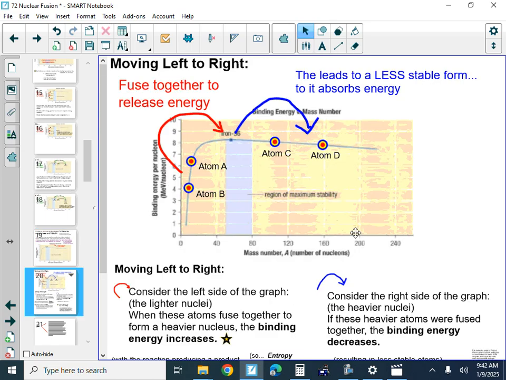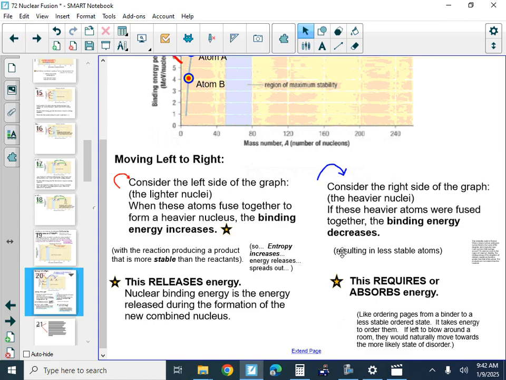You can think of this as they fuse together to release energy, or if you're split apart, you're getting a less stable form, and so it's absorbing energy. That's the idea in terms of entropy. If you are increasing entropy, then you're releasing energy.